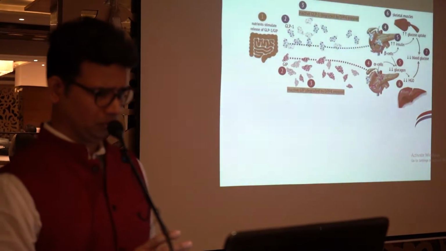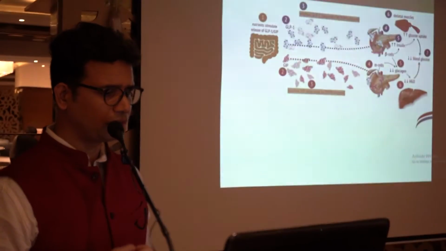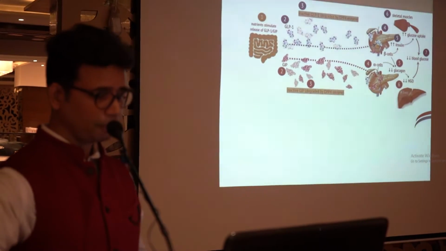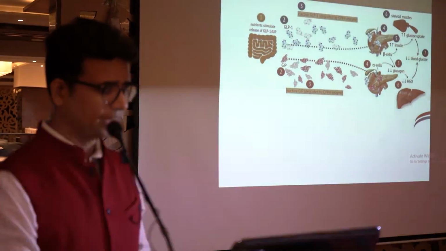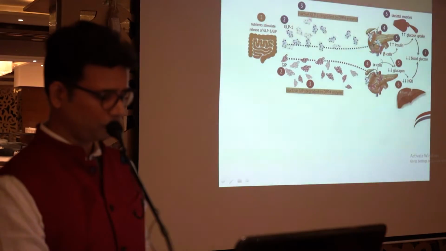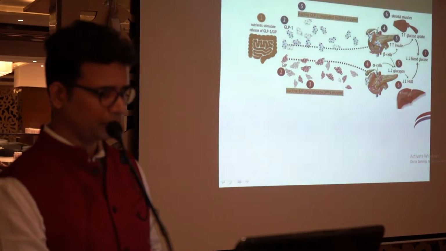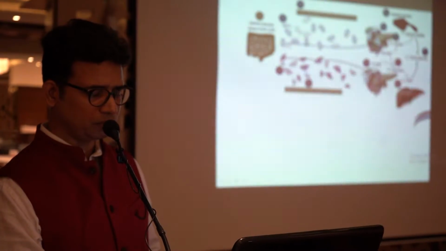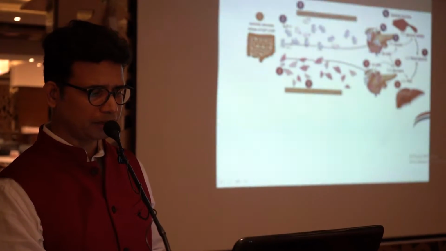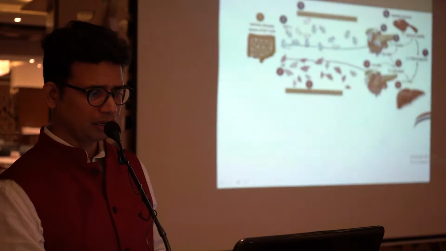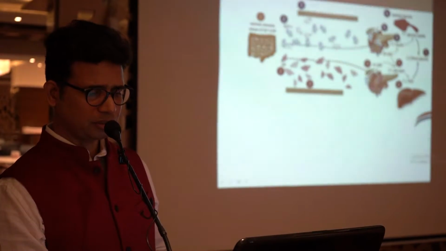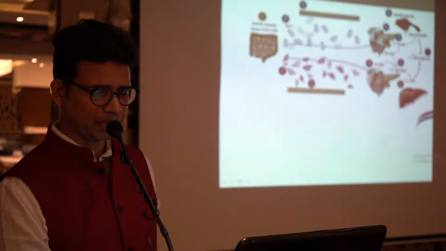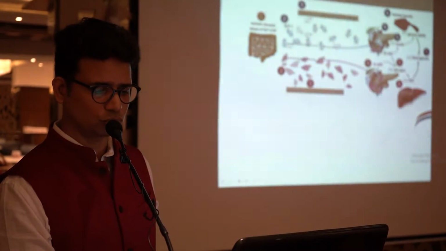Here is the pictorial diagram of how the incretins really work, and how they affect insulin and glucagon release. Once you have taken something, there is a release of GLP-1 and GIP from the intestine. At the same time, these hormones are degraded by the DPP-4 enzyme. Those reaching the pancreas act on the cells, like GLP-1, and increase the release of insulin, thereby increasing glucose uptake in the skeletal muscle, which is the mechanism by which they decrease blood glucose levels.